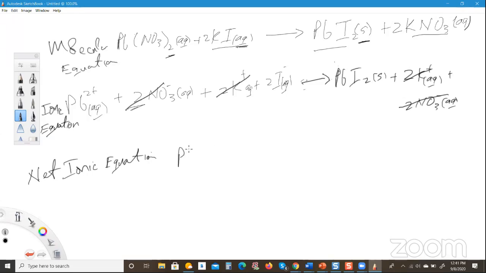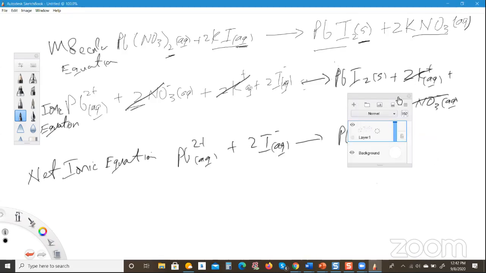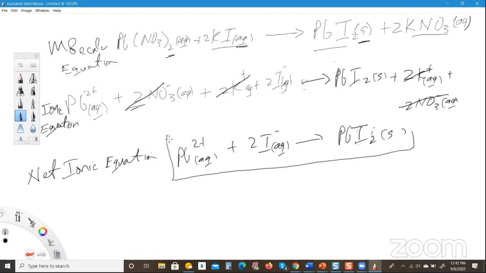And that would be Pb2+ aqueous plus 2I- aqueous to give PbI2, I2 solid. And this, ladies and gentlemen, will be the net ionic equation, all right?